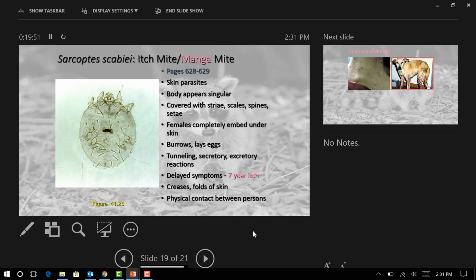And so, do you see the body of this mite? You know what it reminds me of? Have any of you seen the movie Up? No, I'm sorry, not Up. WALL-E. Just kidding, not Up. WALL-E. So the movie revolves around a robot named WALL-E and another robot named Eve.